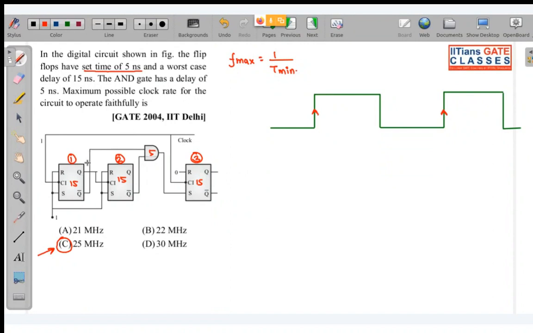But for an RS or SR flip-flop, whenever the inputs are 1 1, what did we see?